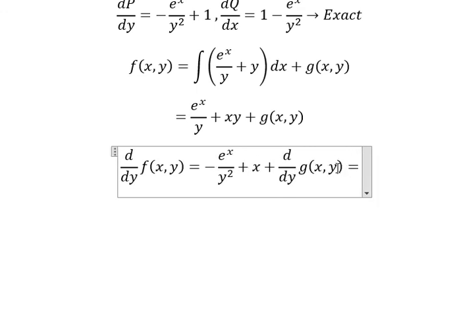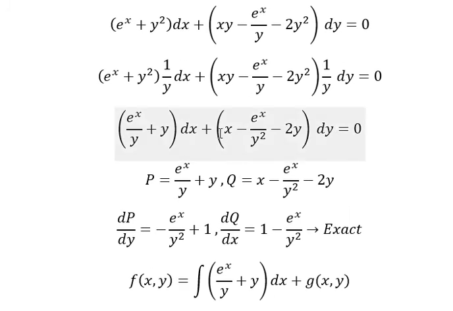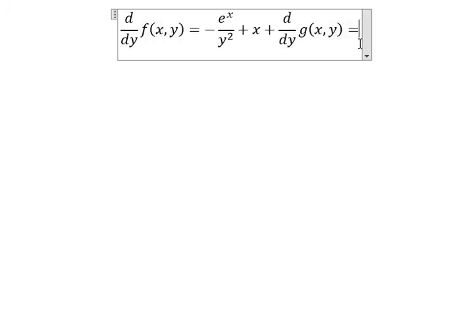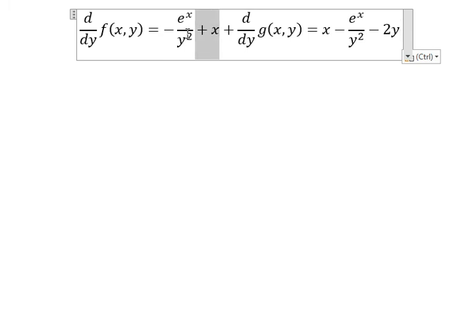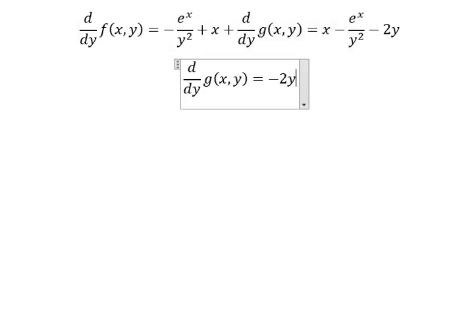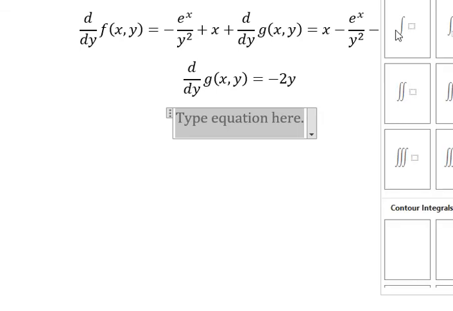And we know that this one is equals to this one. And now we need to simplify s and negative e to the power of s over y square for the both sides. Next, we put the integration for the both sides.